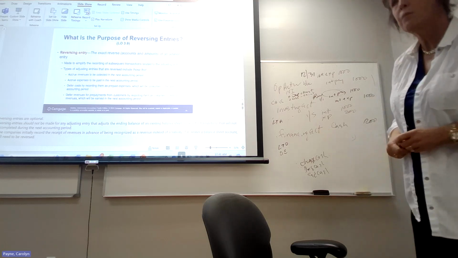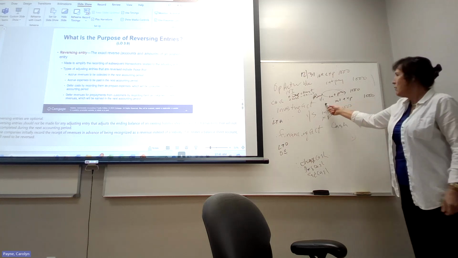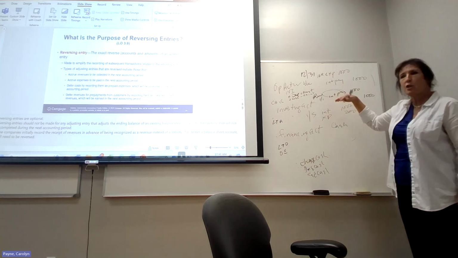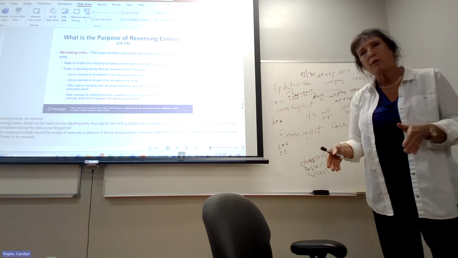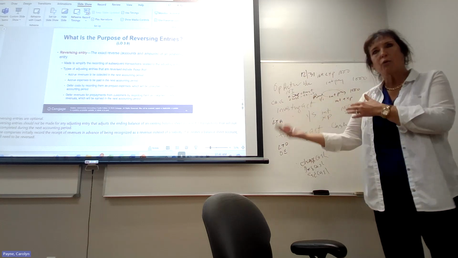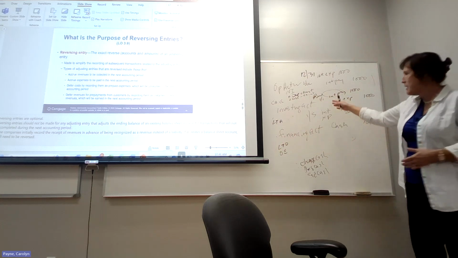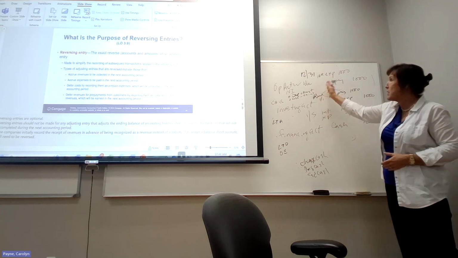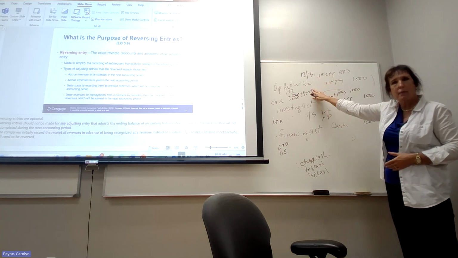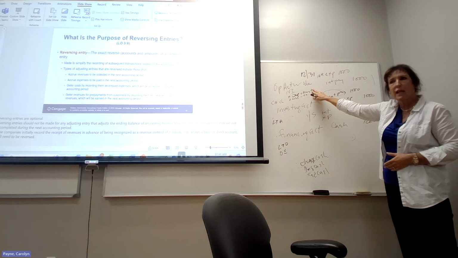Well, we typically reverse the entry at the beginning of the next year. So if you accrued it on December 31st and you want to get rid of it so that it doesn't mess with your normal entries, you just accrued it for the purpose of moving it into the December period so that you can get it on a financial statement.